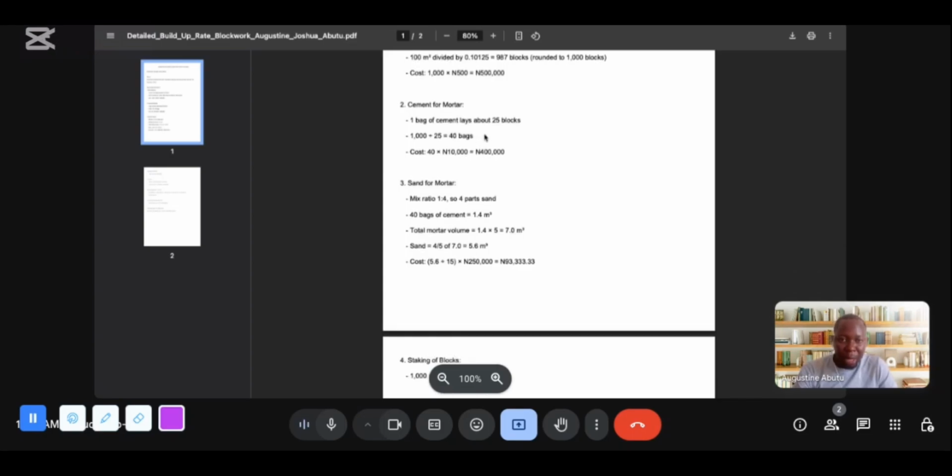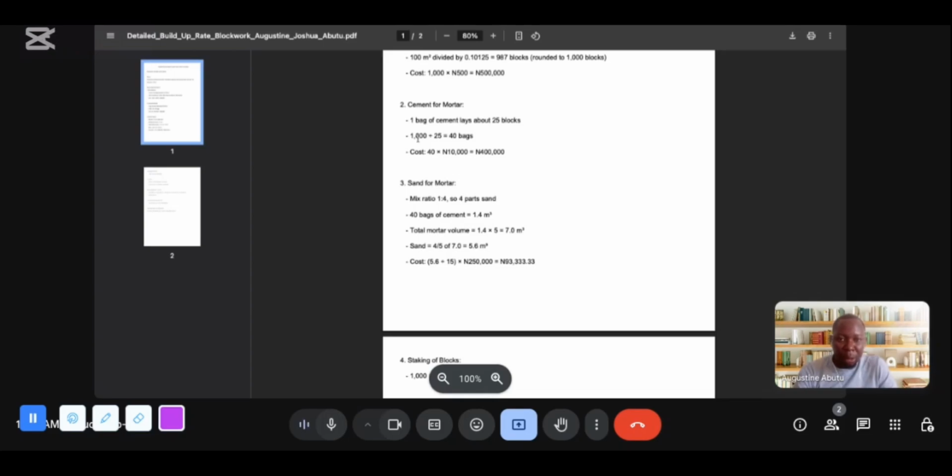According to experience on site, one bag of cement would be able to lay 25 blocks.